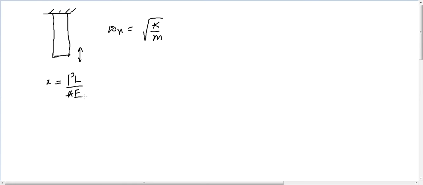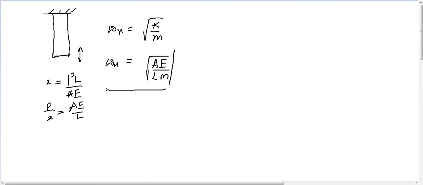So the stiffness, which is load per unit deflection, P by X, is nothing but AE by L. This will become the stiffness of a bar. If we replace it, we get the square root of AE by L into M. This will become the natural frequency of a bar. This is the longitudinal vibration.